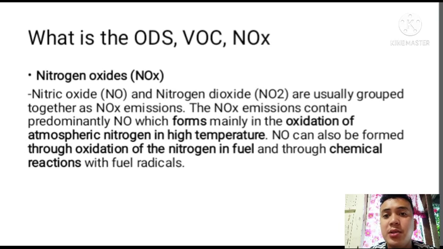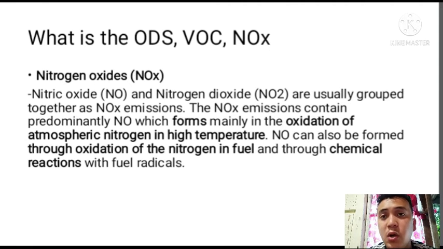The NOx emissions contain predominantly NO, which forms mainly in the oxidation of atmospheric nitrogen at high temperature. NO can also be formed through oxidation of the nitrogen in fuel and through chemical reaction with fuel radicals.